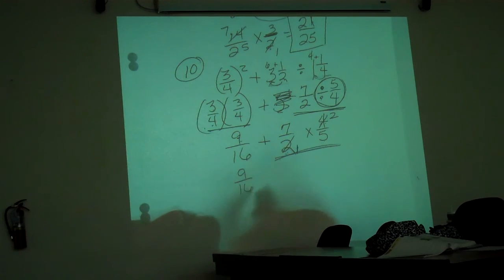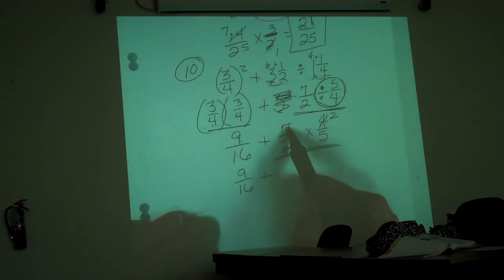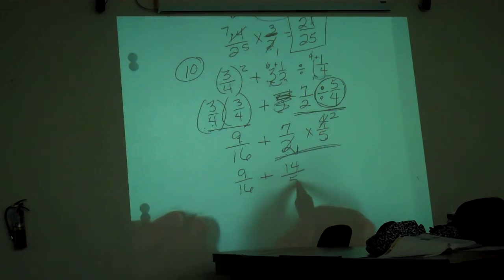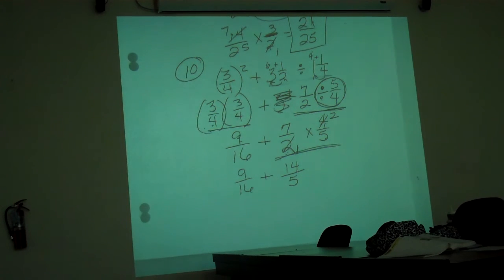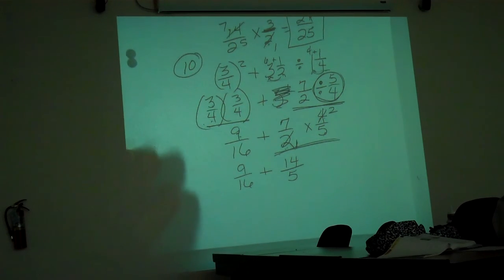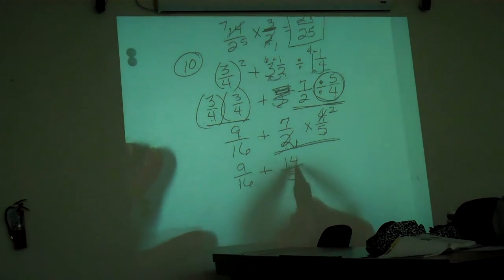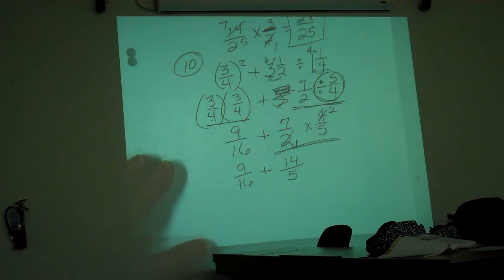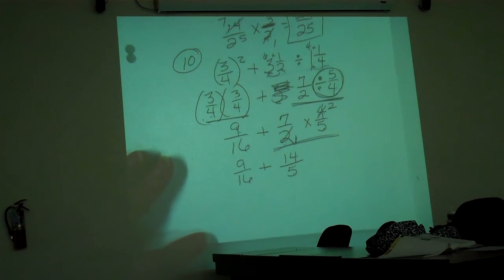Plus 7 times 2, 1 times 5, 5. Okay, you can leave that improper to do the addition if you want, or you could change it into mixed numbers. It doesn't matter which way you want to do it. The 9/16 plus 14/5, what do we have to do before we combine them?